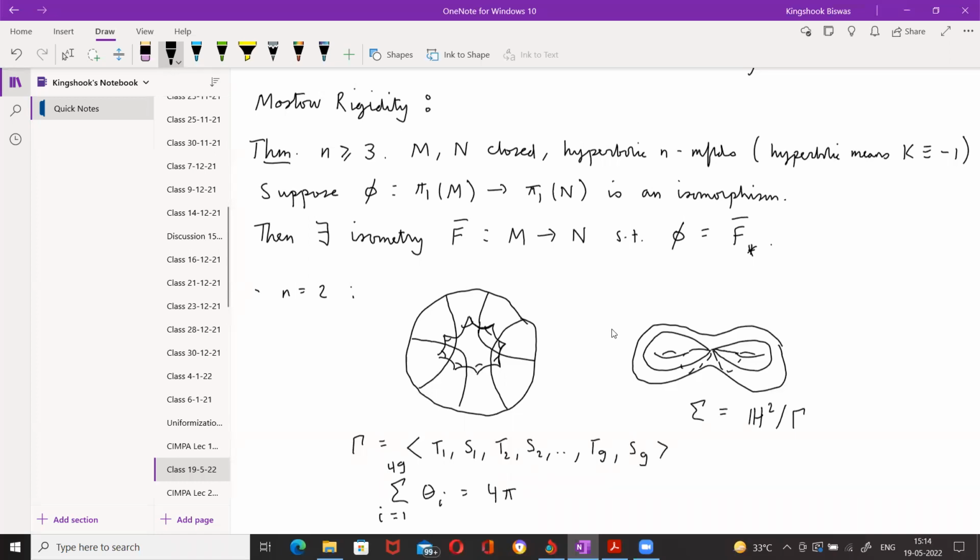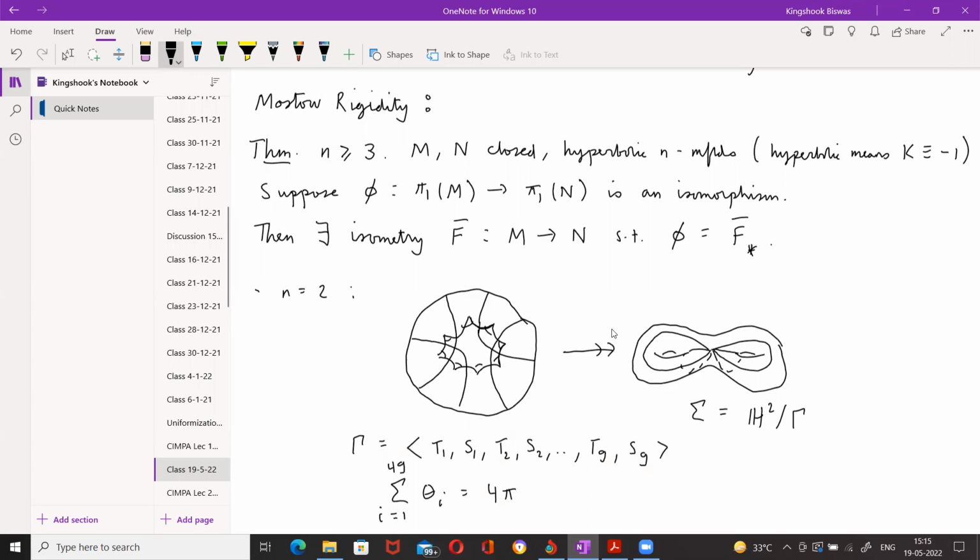Is this all right? Okay. So the point is that you have a big flexibility in constructing these polygons. If you choose different polygons, you'll get different non-isometric surfaces. All of them are homeomorphic, but they're not isometric.